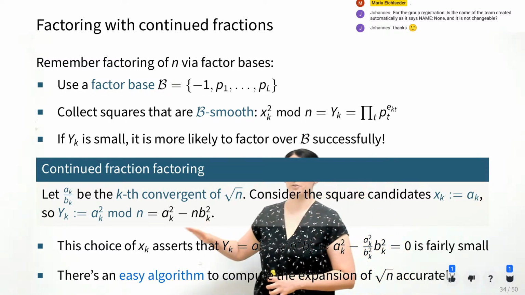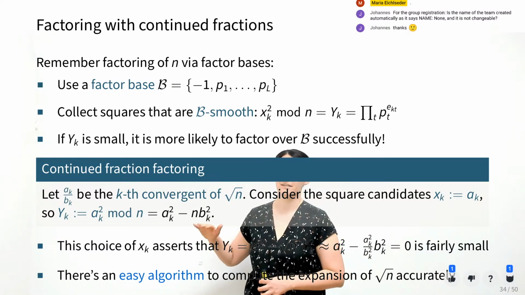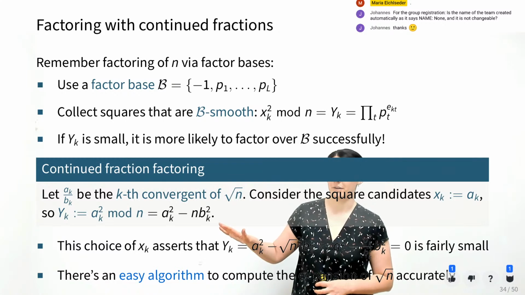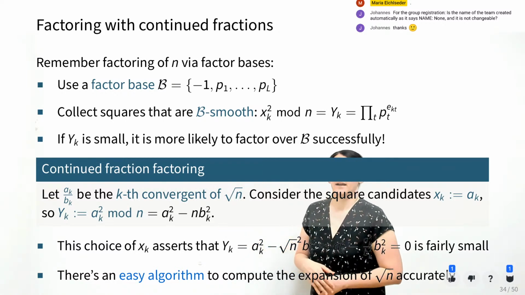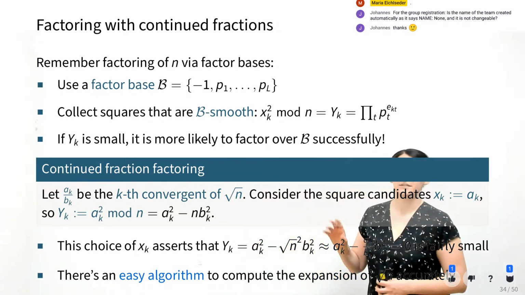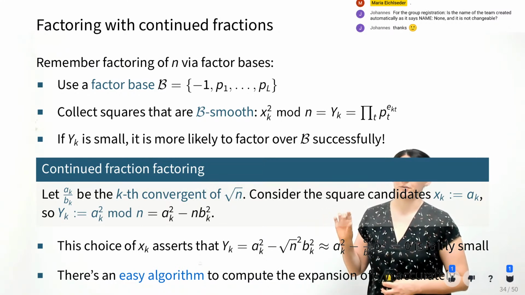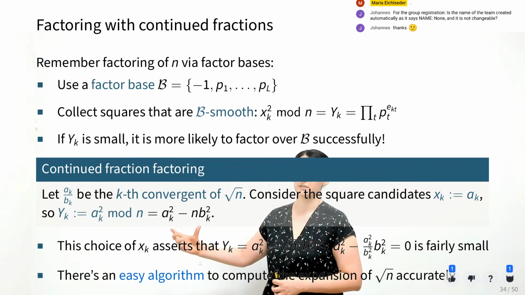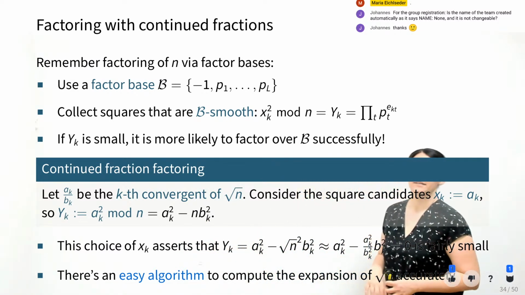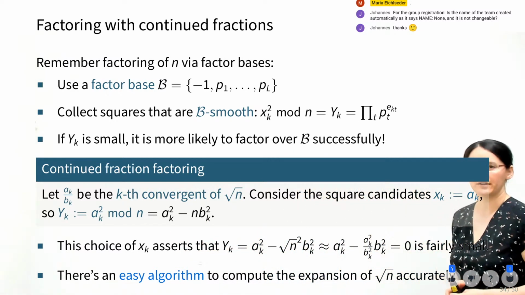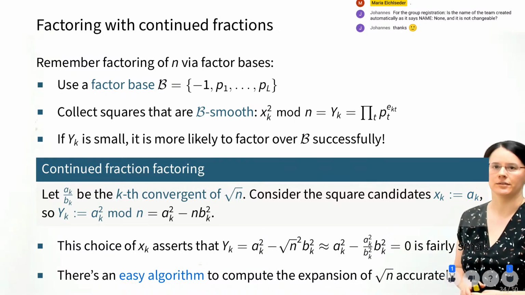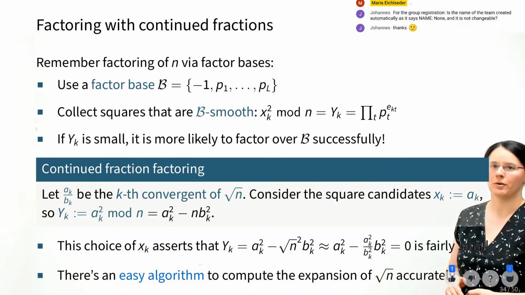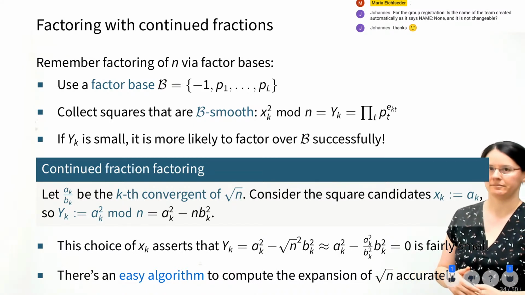So I'm now not subtracting n, but I'm subtracting n times b squared, where b is the denominator of my fraction. And because these a divided by b are such good approximations, these values are all going to be very small. More specifically, I can even bound how small exactly those are. But I guess the intuition that they are small is relatively clear.